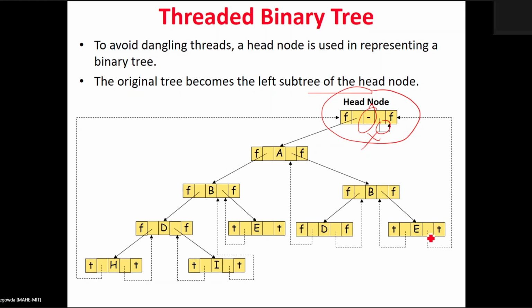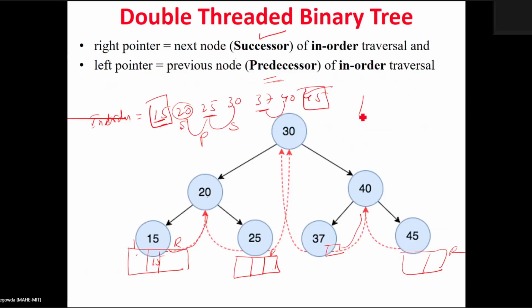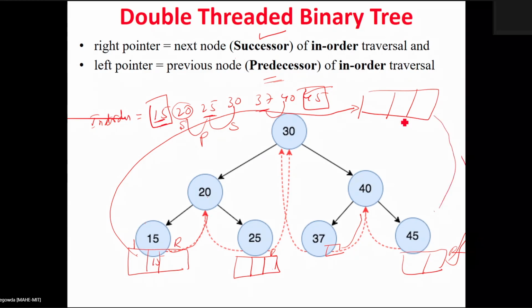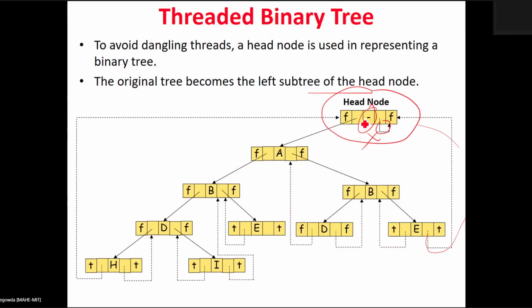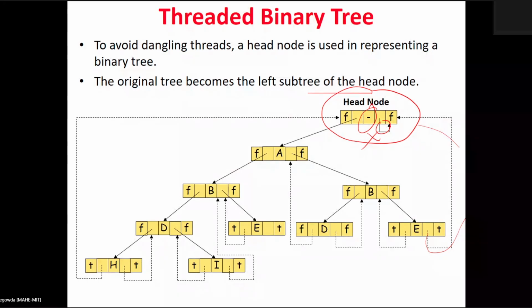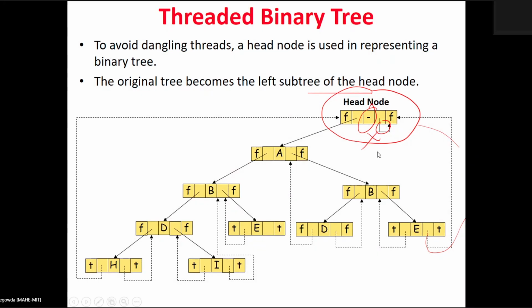If you look at this, the right link of the last node, 45, is pointing to the header node. So in order to remove the dangling of the nodes, we make use of this special node called a head node.